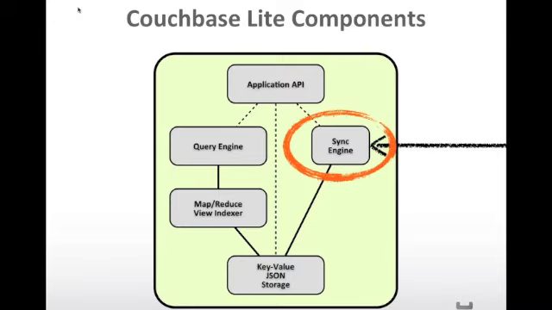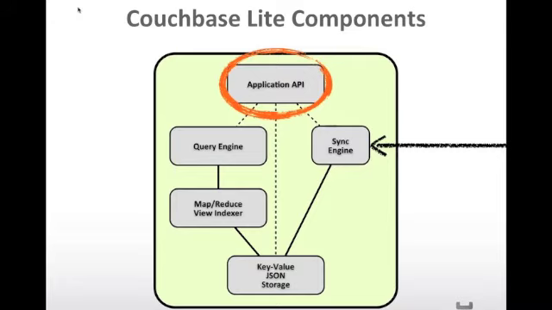So the sync engine can connect to multiple other remote sources. They can be Sync Gateway in the cloud, or they could be other Couchbase Lite instances on the local area network. And it makes sure that all the changes that happen remotely are played into the local storage so that they're available to local queries.